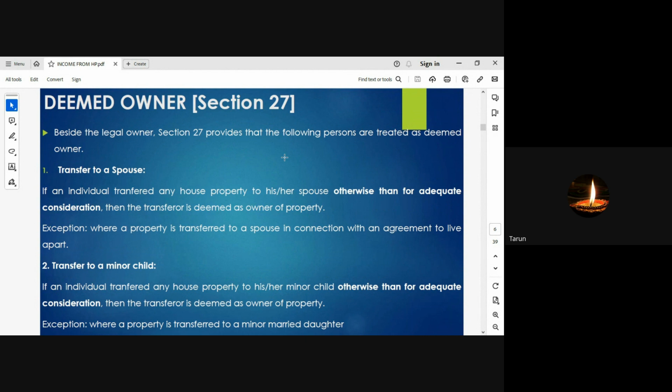Exemption: what is the exemption? Where a property is transferred to a spouse in connection with an agreement to live apart. It means such property will be transferred to his spouse if the spouse is residing with her husband or with his wife. Transfer to a minor child: an individual has a right to transfer his house property to his or her minor child.